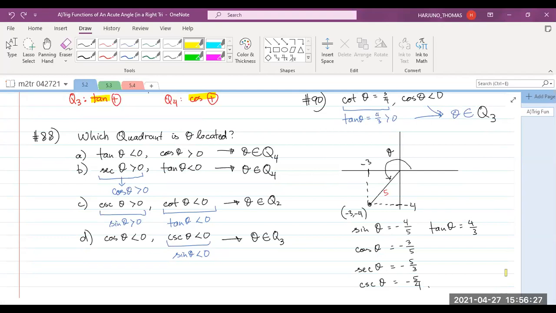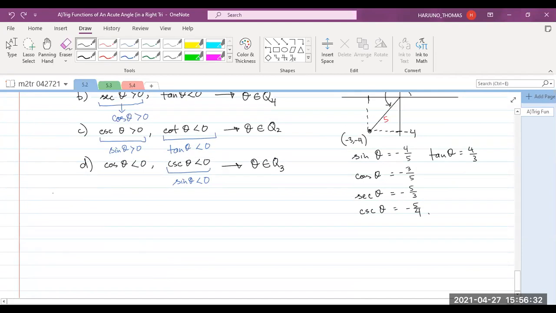Okay, now let's do the harder one, number 94. Number 94. Cosecant theta equals 5, while cotangent theta is negative.